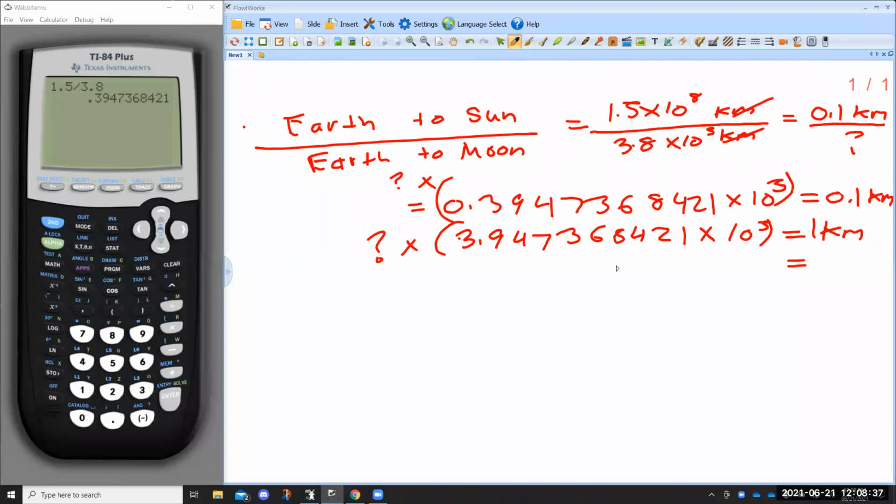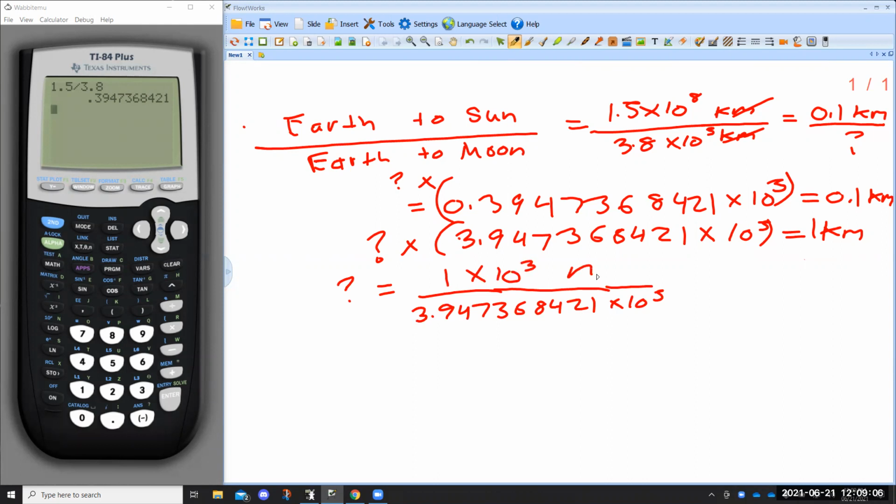So let's make this question mark equals 1 over 3.947368421 times 10 to the 5th. And this is a kilometer, so this is 10 to the 3rd. We want the answer in meters.